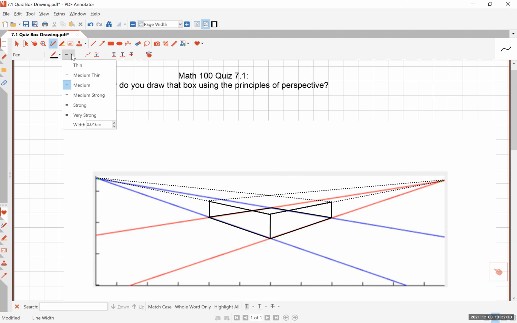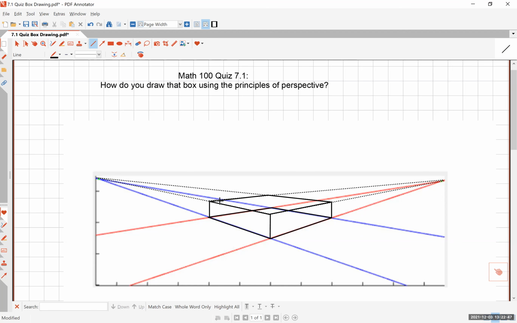Let's see if I may. I'm going to make this into a solid line from here to here, right on top of the dotted line, and then from here to here. Again, this straight line, when fully extended, not bending, has to merge at this left vanishing point.